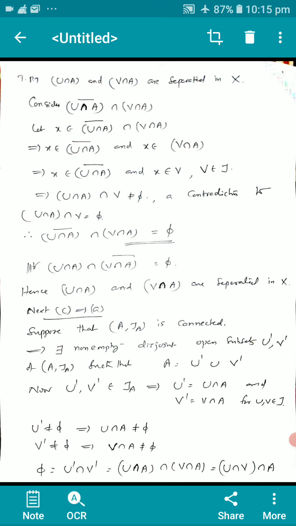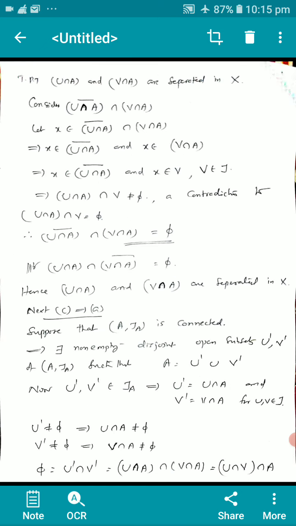Actually, that is nothing but the subspace topology I discussed earlier. So U' not empty implies U intersection A is not empty. V' not empty implies V intersection A is not empty. Therefore, empty equals U' intersection V'. What is U'?